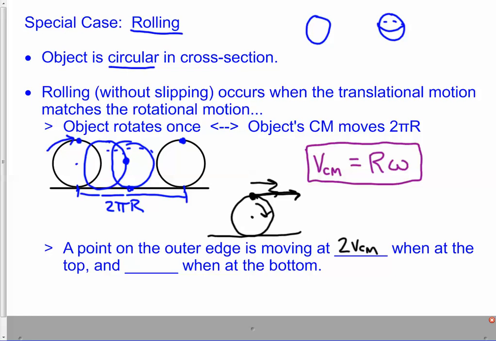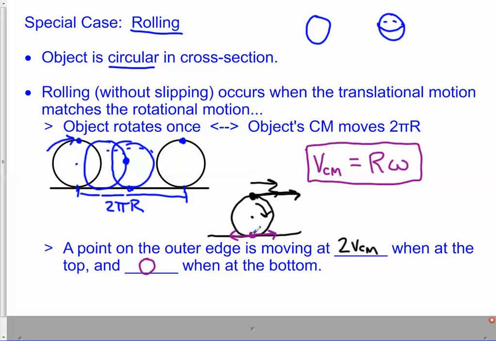Now, a point at the bottom. The wheel is moving this way at a speed v, but because this thing is rotating, it has velocity going back the other way. And so actually, those cancel, and the point at the bottom has velocity 0.